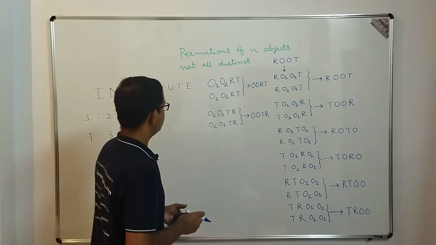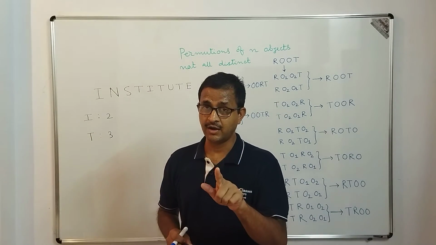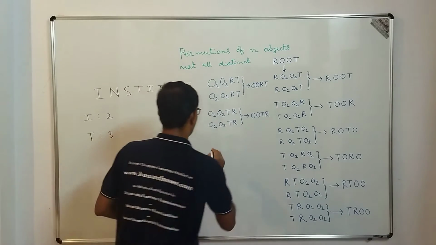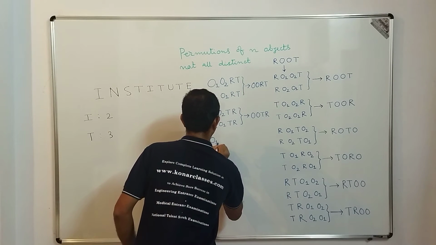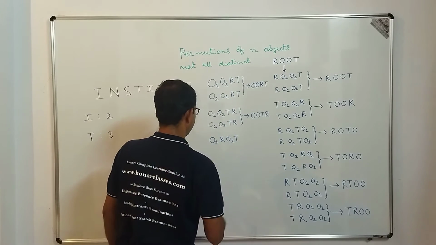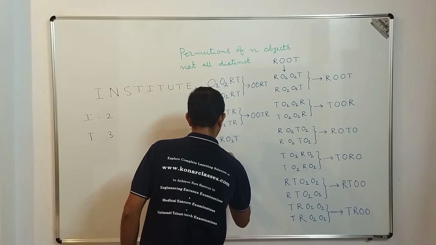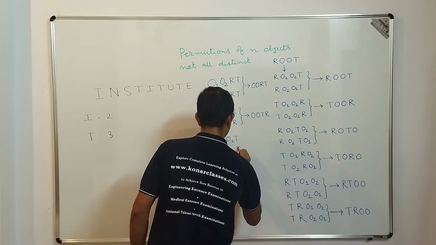Fine. Then what is the other one possible? O1R O2T, and that can be written as O2R O1T.